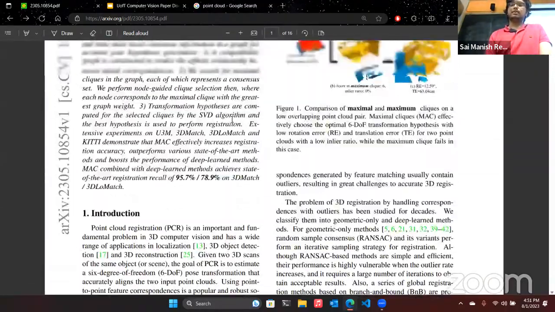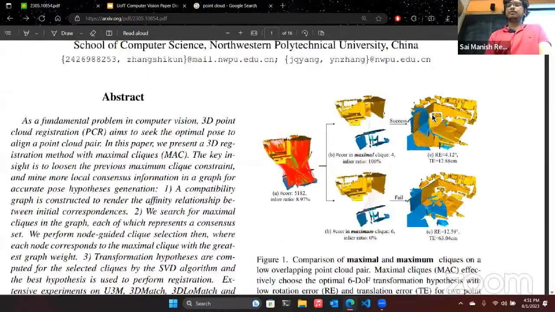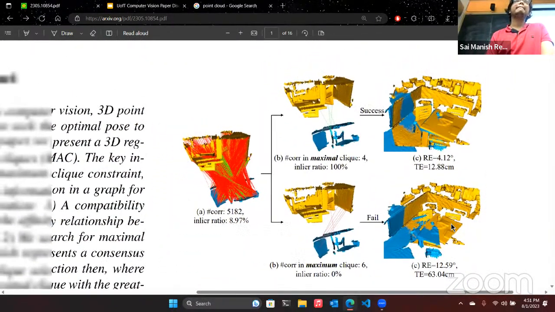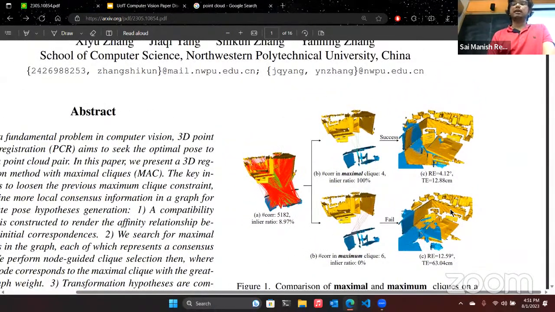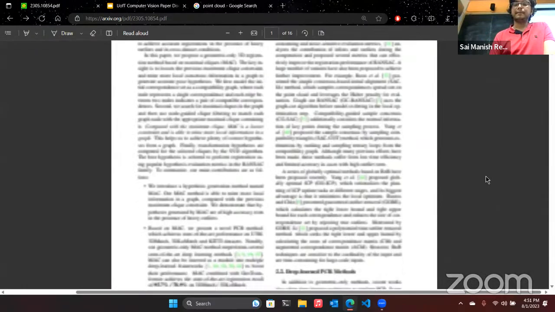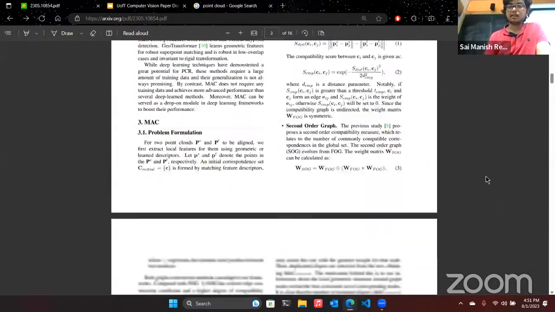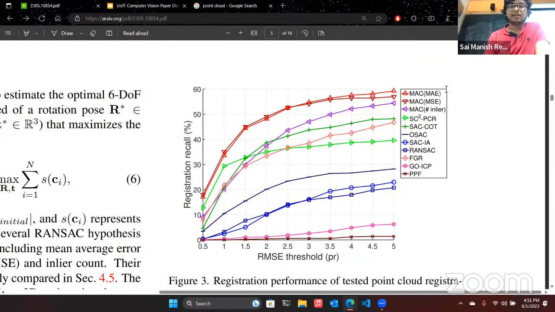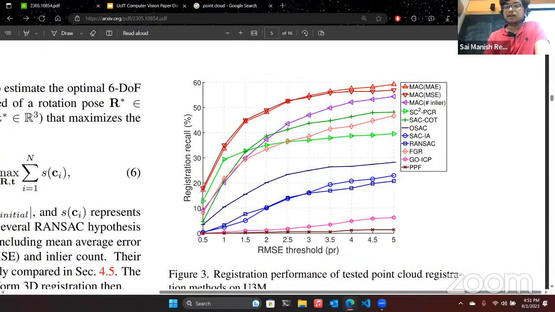For example, the top image would have a higher registration recall than the lower one, because more is rendered there. So MAC has better registration recall out of all of these models.